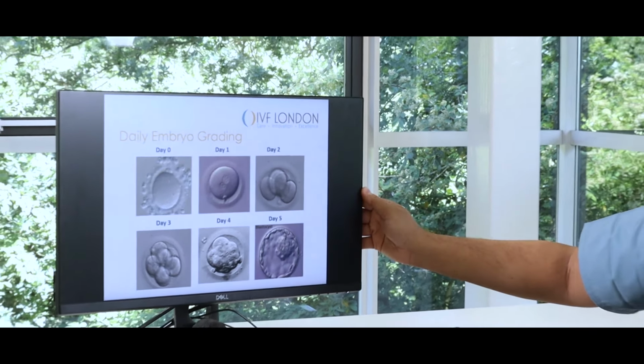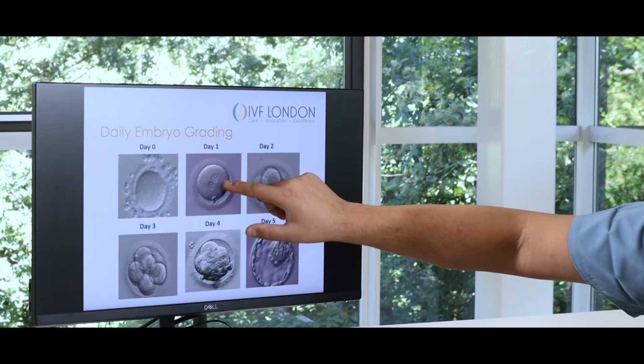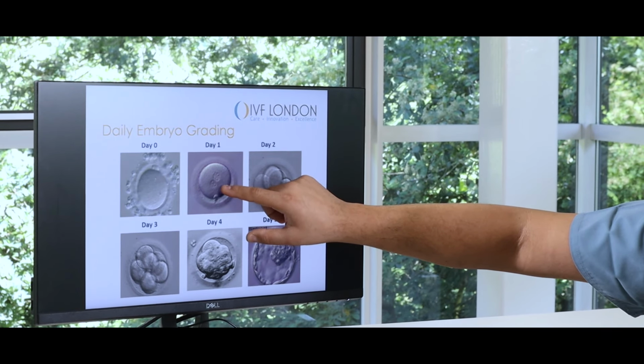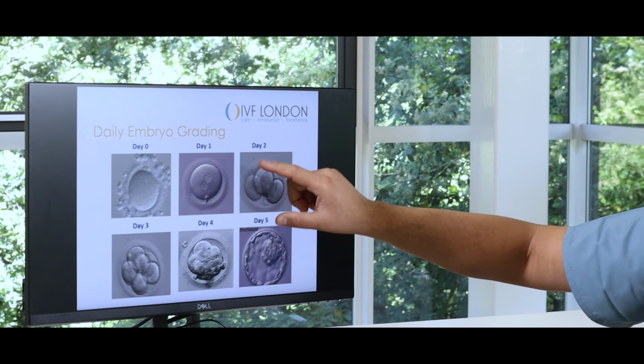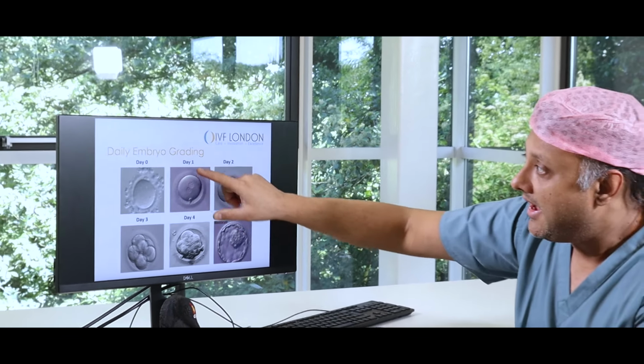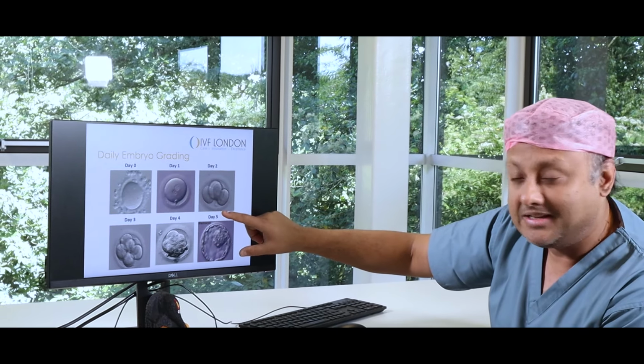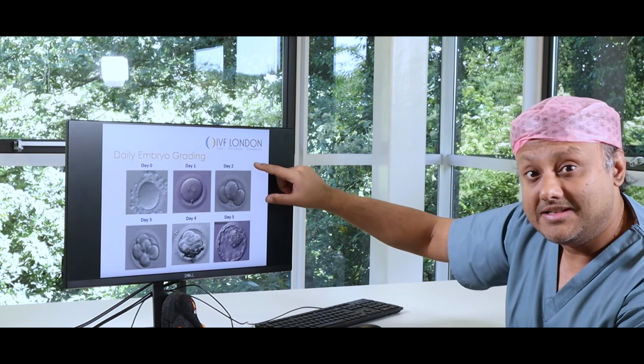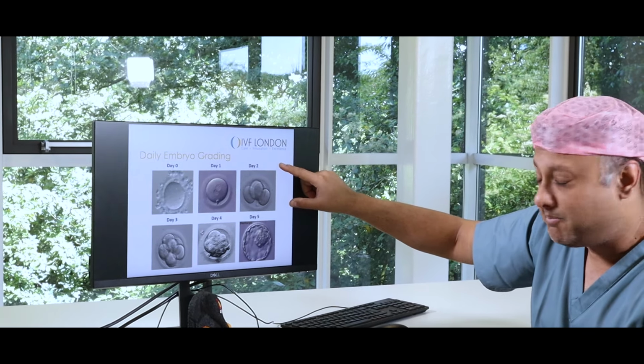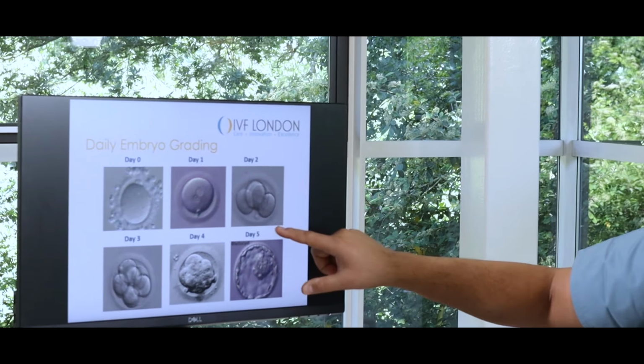Now again, if you look closely, there are 2 dimples sitting in the middle of the egg there, and that denotes normal fertilization.